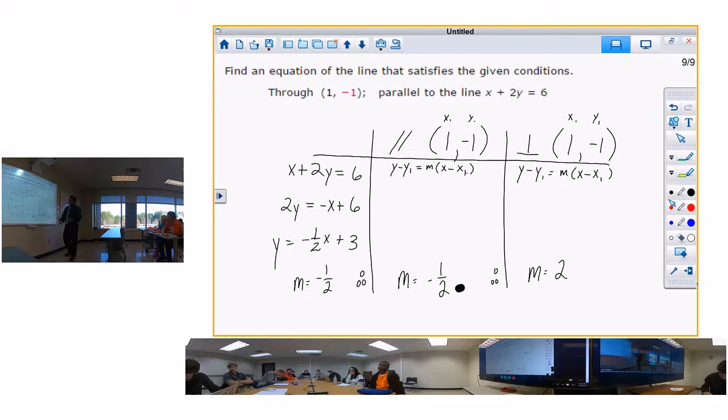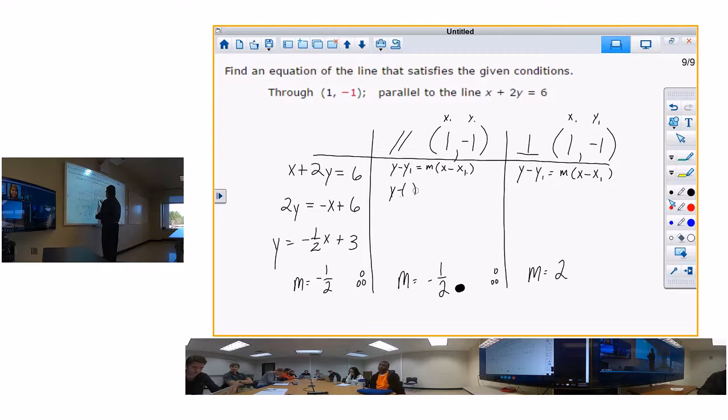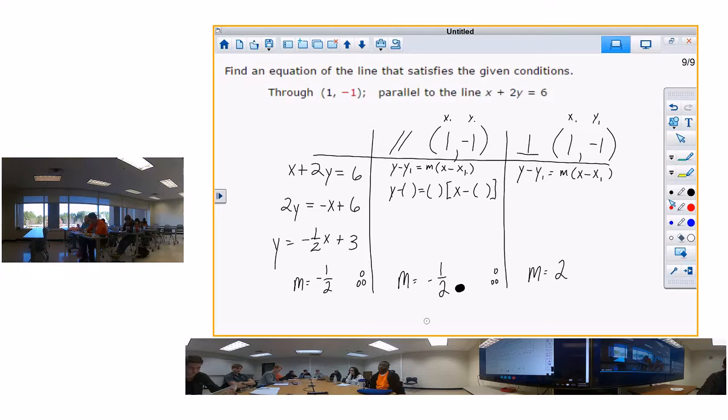All right, so here we go. y minus y sub 1 is equal to m times x minus x sub 1. Y sub 1 is negative 1. 1 and negative 1/2.